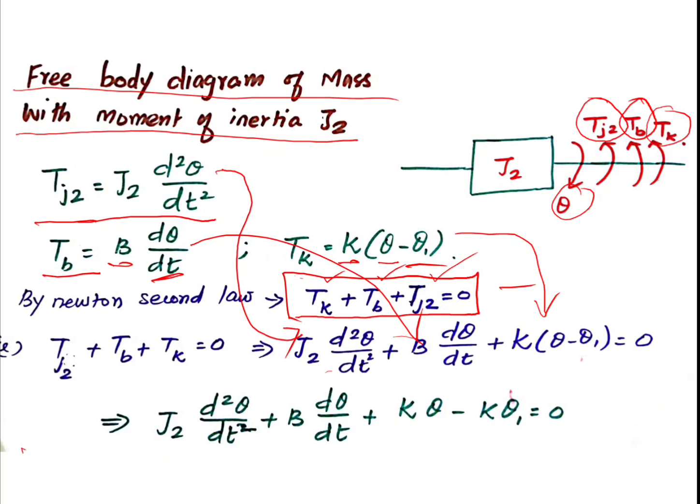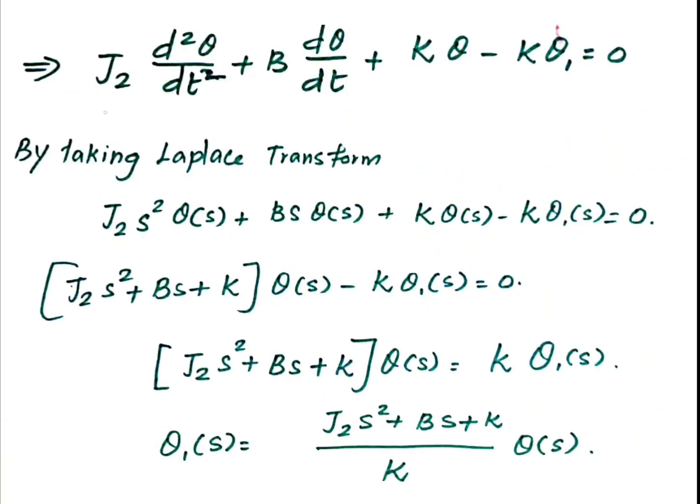Now we take the Laplace transform, and we get J2 s² θ(s) + b s θ(s) + k θ(s) − k θ1(s) = 0.